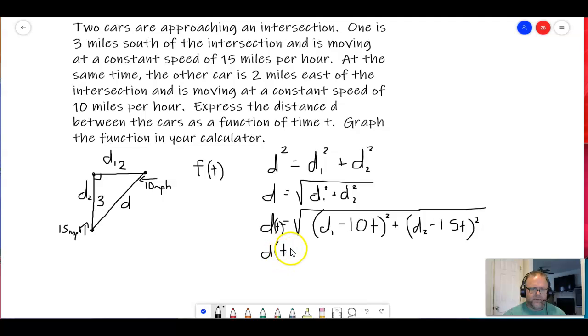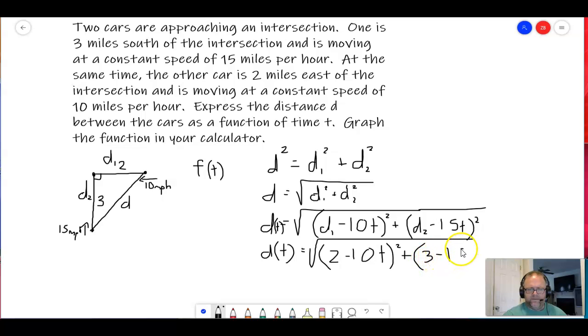So our distance with respect to time is equal to, and I'm just replacing the d1 and the d2, so this is going to be, d1 is 2, so 2 minus 10t squared plus, this is going to be, d2 is 3 minus 15t squared.